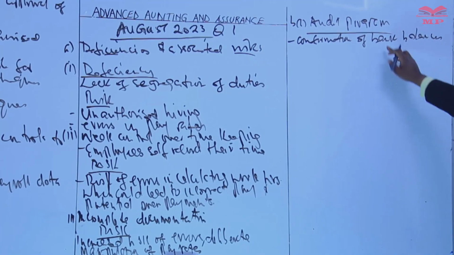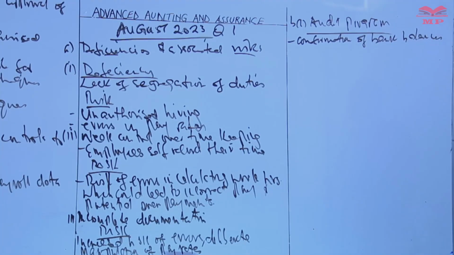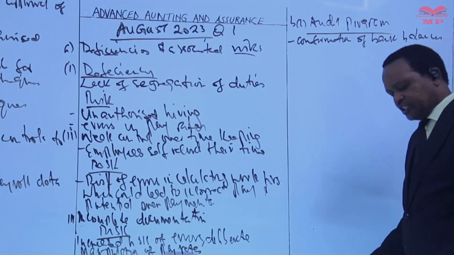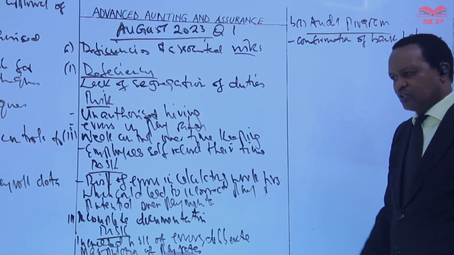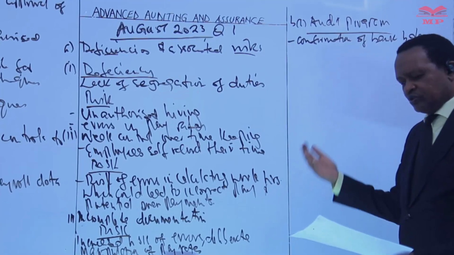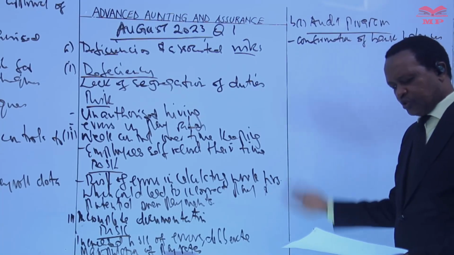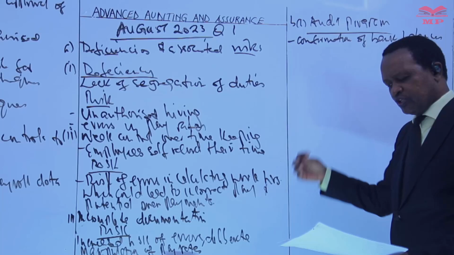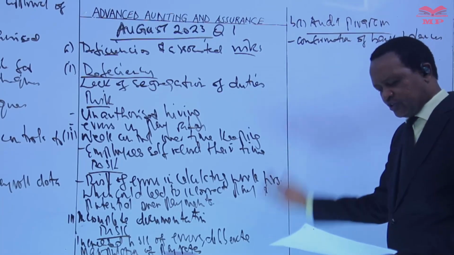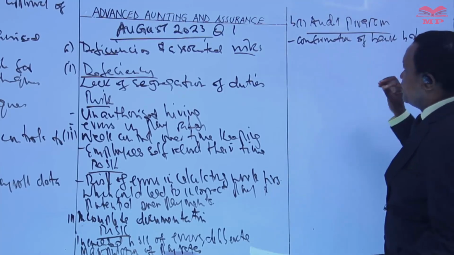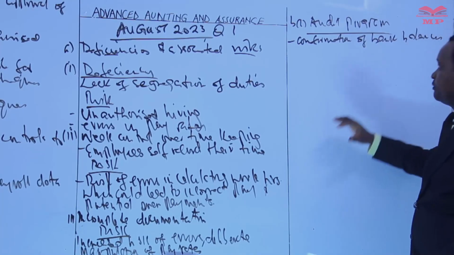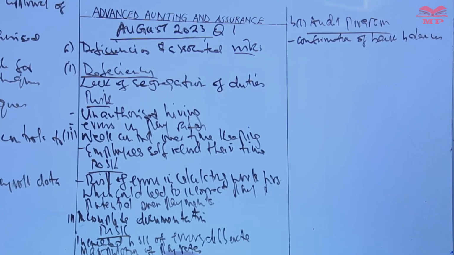That is a procedure. Because here, candidates, we are talking about bank balances. You can only satisfy yourself of the accuracy of the amounts shown in the books of this company by seeking confirmation directly from a third party. The bank here is a third party.